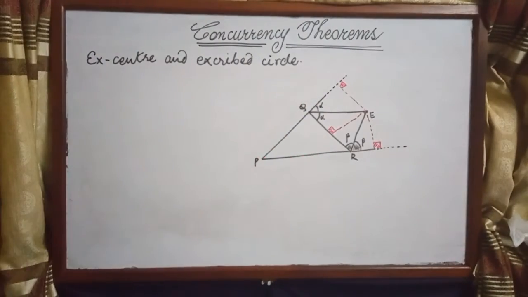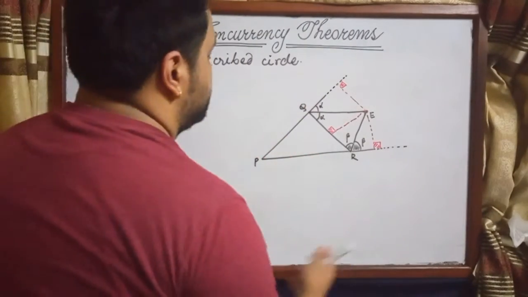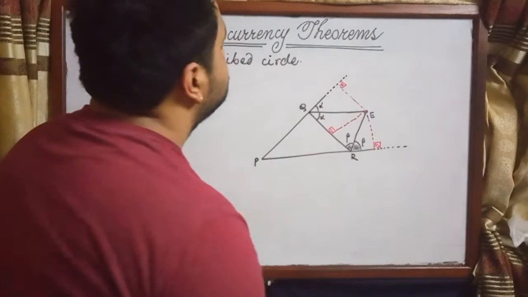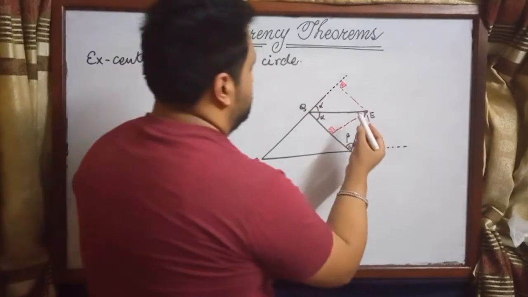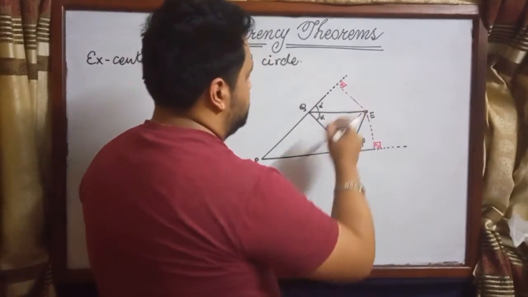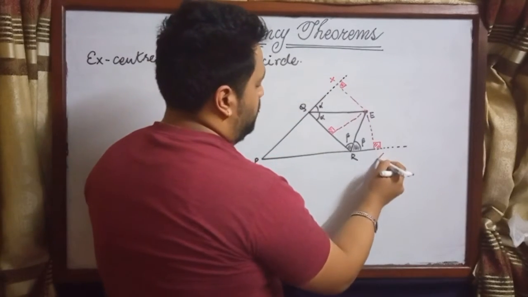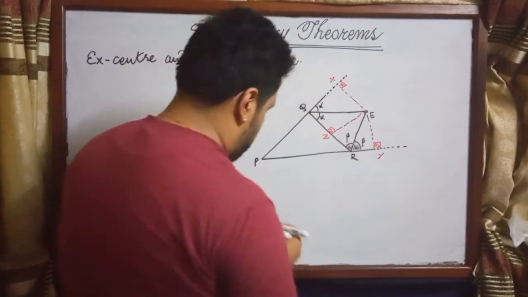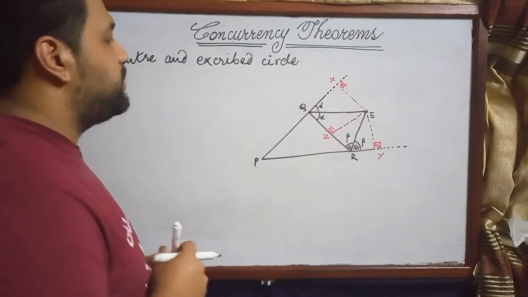Now let's see. Just like in the previous theorem, let's say this is EX, EY, and EZ.